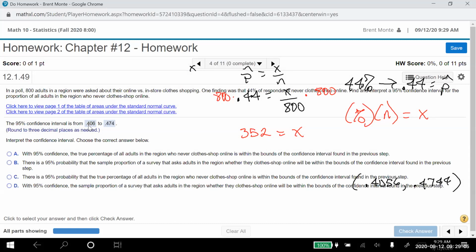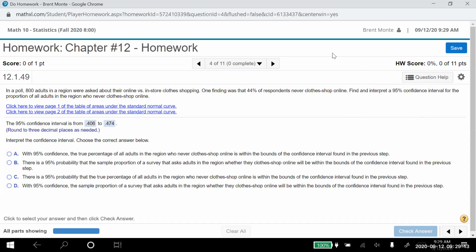We're just going to interpret that. Remember, here's what that means. Now, the problem, and let's clear this off so we can see, the problem was saying find and interpret a 95% confidence interval for the proportion of all adults in the region who never close shop online. So we're going to say we can be 95% confident that between, if we change this to a percentage, 40.6 and 47.4% of the people in this region never close shop online.